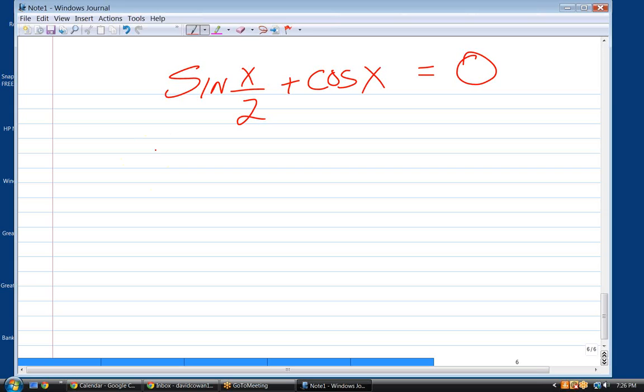What's the half angle formula for sine? Plus and minus root 1 minus cosine x over 2.